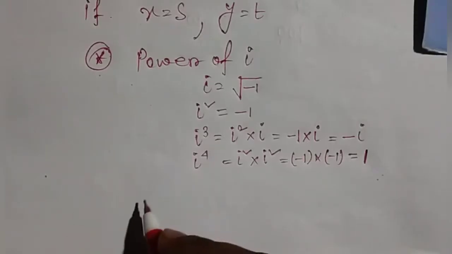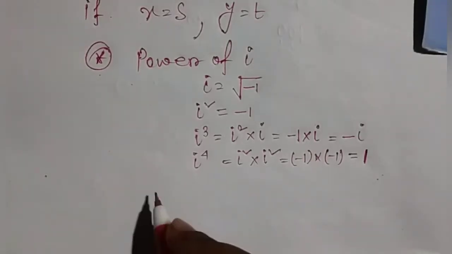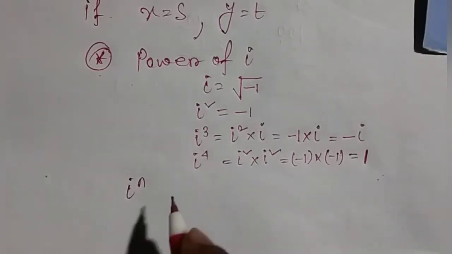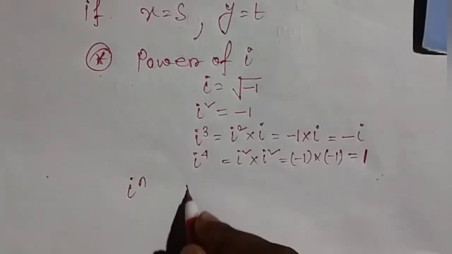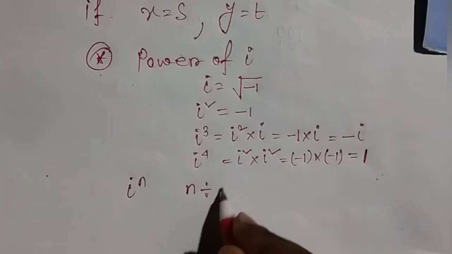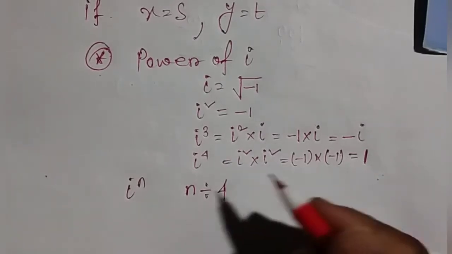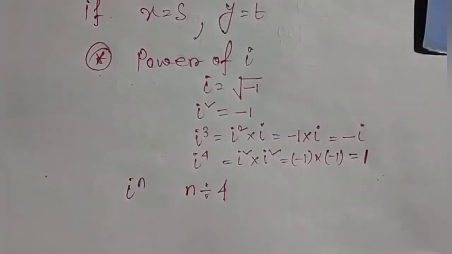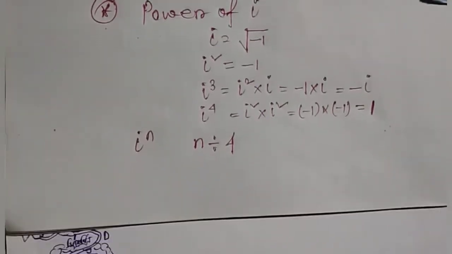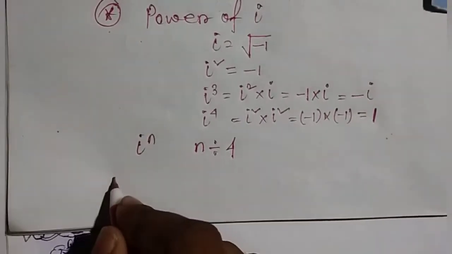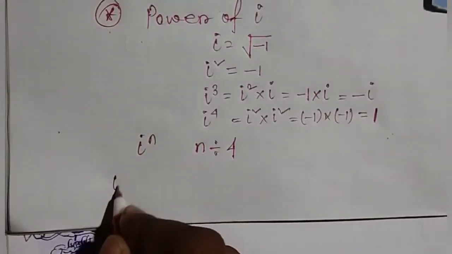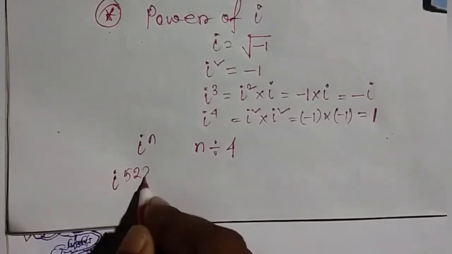And in order to compute i to the power n, always we have to divide n by 4. Just take a problem for understanding. Try to solve question number 2, i to the power 528.